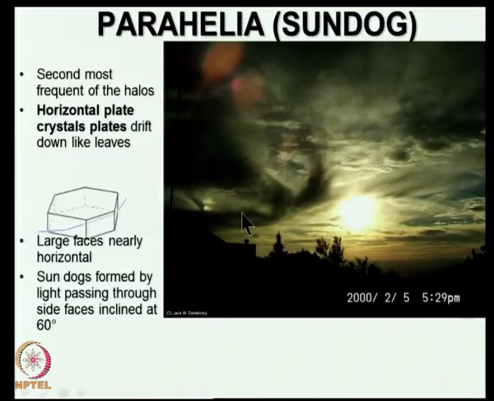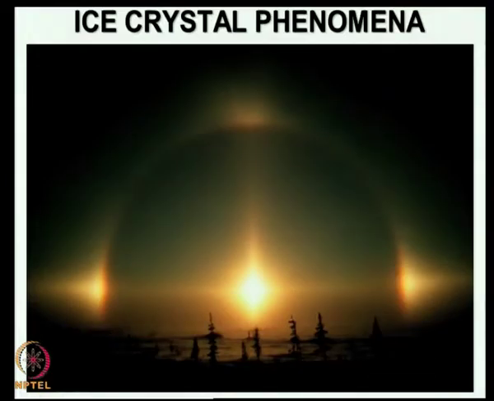Again, this is a picture in the polar region, where ice crystals are quite common. The atmosphere is quite clean and pristine. There is no contamination by aerosols. So, here these phenomena are very well observed.